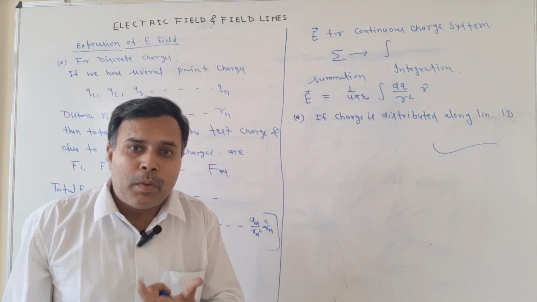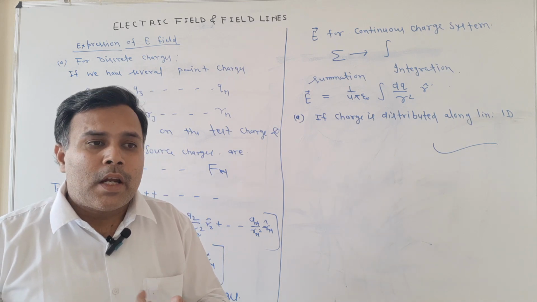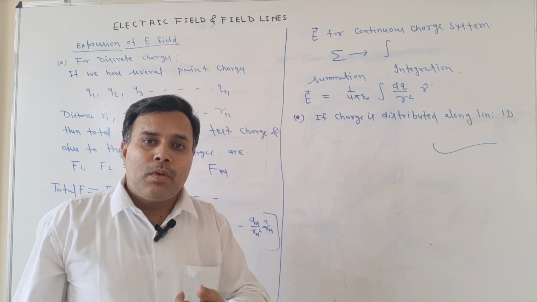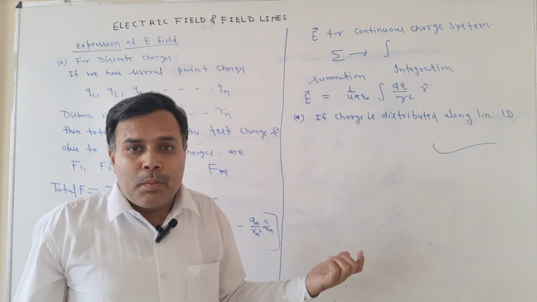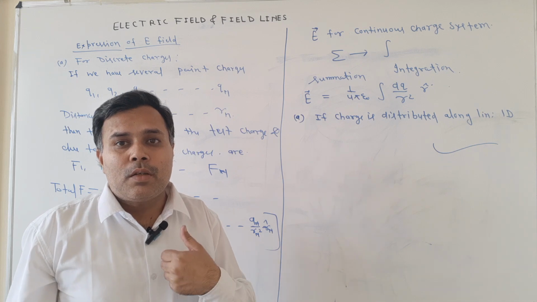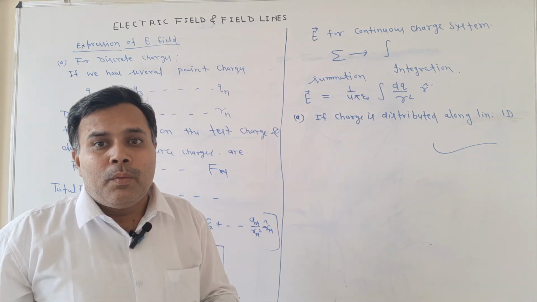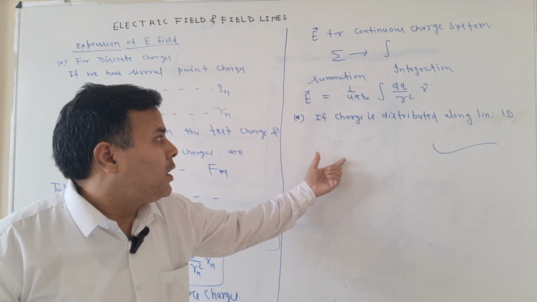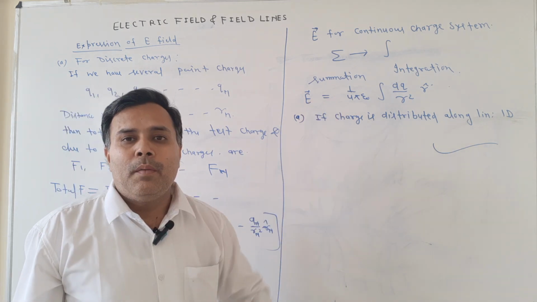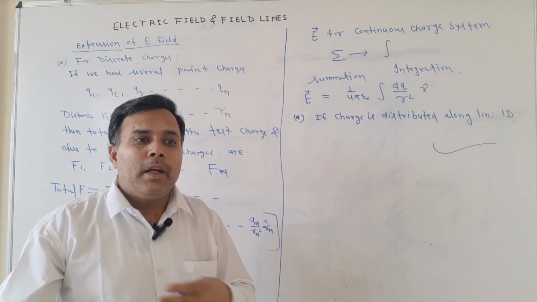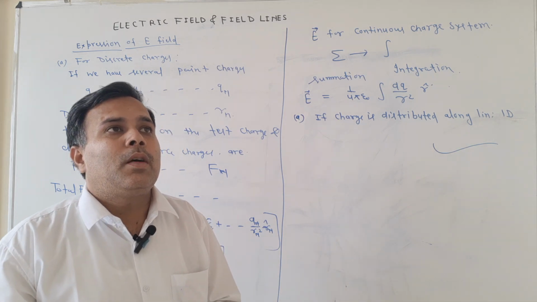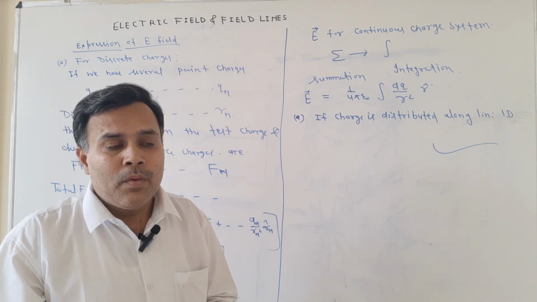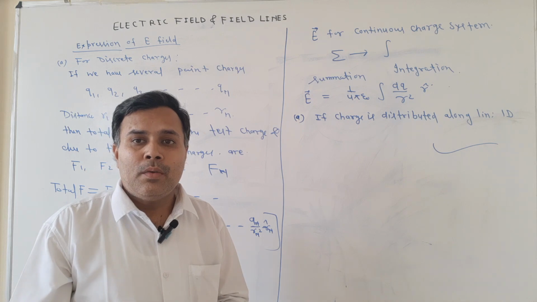We have a different expression of dq if the charge is distributed along a line, along a surface, or along a volume. Depending on the profile of dq, we have three different profiles of electric field, meaning an entirely different expression of electric field corresponding to line charge, surface charge, and volume charge.